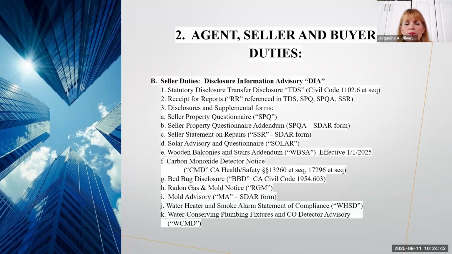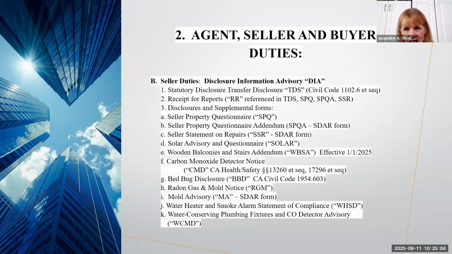So again, take notes. You have disclosures, and then you have supplemental forms. If you look under 3A, the SPQ is already in the RPA. You would have to take it out of the RPA to get it off the contract.